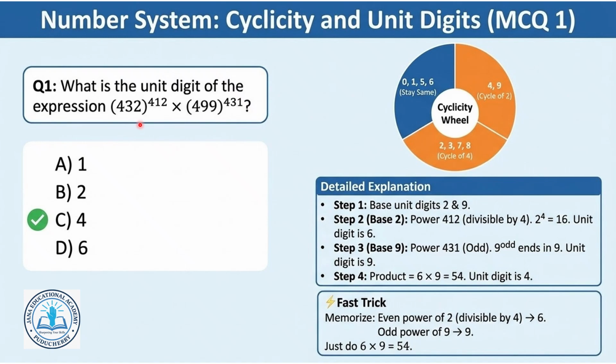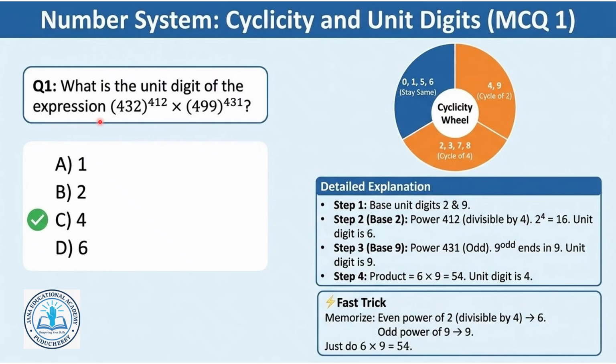So what we have to do: always find the last digits, 2 and 9, that is the unit digit. Then see whether the power is divisible by 4, 3, 2, or calculate that. If it is divisible, you can use 2 to the power 4. If it is not divisible, you can take it as 1.